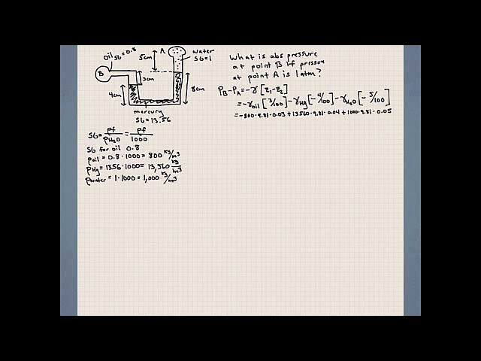So we can say the pressure difference, PB minus PA, and let me run these numbers through my calculator here. So we have minus 800 times 9.81 times 0.03.